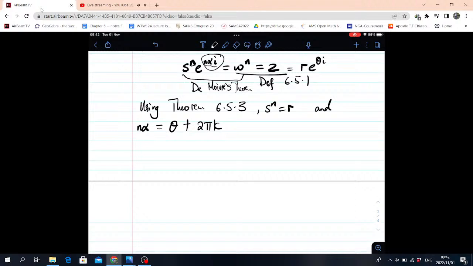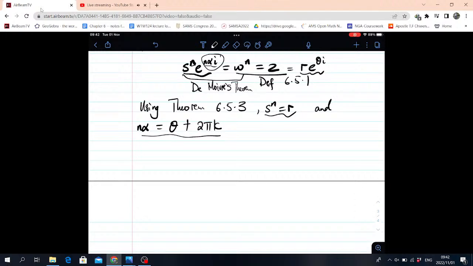So by equality, by theorem 6.5.3, if this complex number is equal to that one, then it means their moduli are the same, and then their angles differ by a multiple of 2 pi. That's what we are told in theorem 6.5.3. Right.